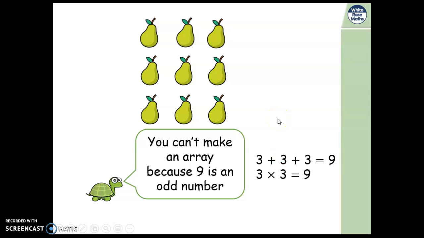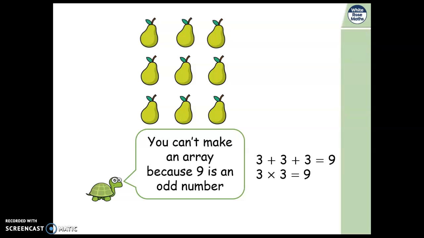So sometimes the arrays are trying to trick you, so think about those groups of 2, groups of 5, those even numbers. When we look at things like groups of 3, this is when we need to know our times tables, especially to 3. So 2s, 3s, 5s and 10s.